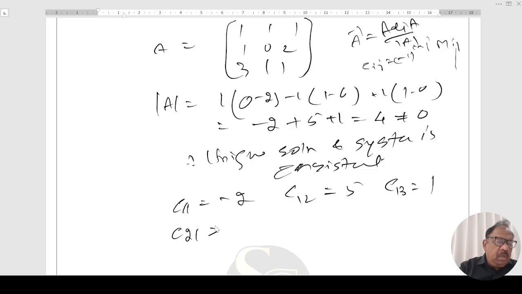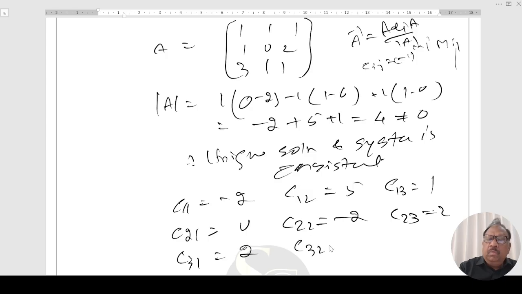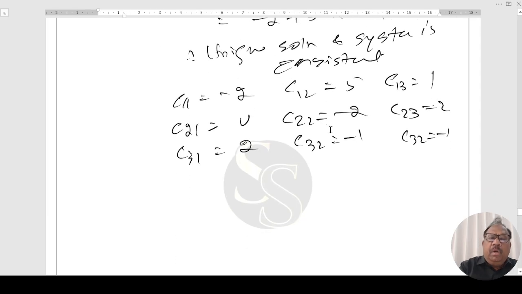C21 comes out to be 0. C22 comes out to be minus 2. C23 comes out to be 2. And C31 is 2. C32 is minus 1. C33 is minus 1. Right?